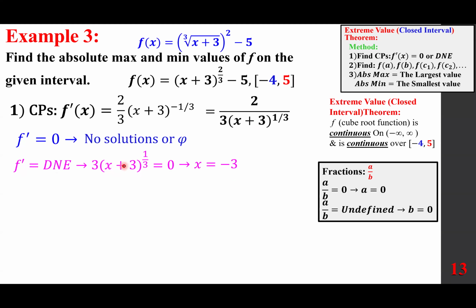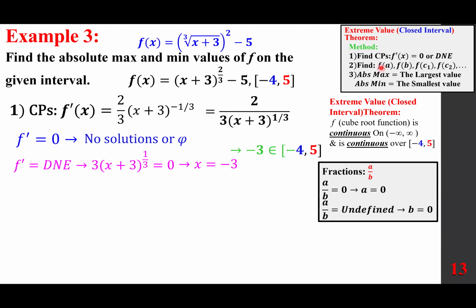So there's really not much you have to do to solve it. The question is, can I use -3? And you check, is it in between -4 to 5? Yes. Therefore, -3 is an element of this domain, and therefore I can use it. Which means I go to the second step.